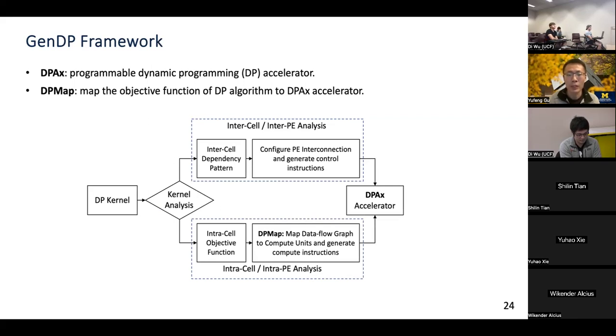And then we analyze the compute patterns, that is, what operations it requires, and use the DPMap algorithm to convert the data flow graph into compute instructions. I will introduce more details later.